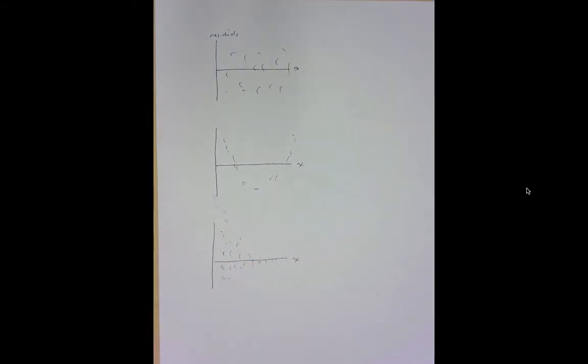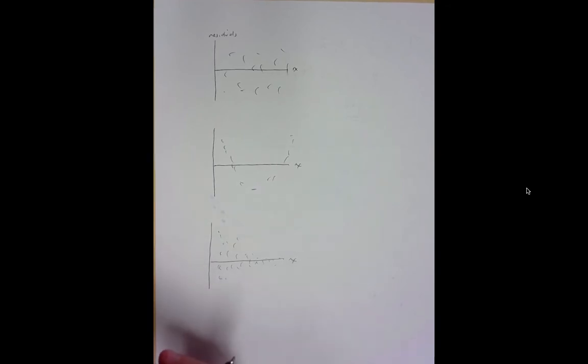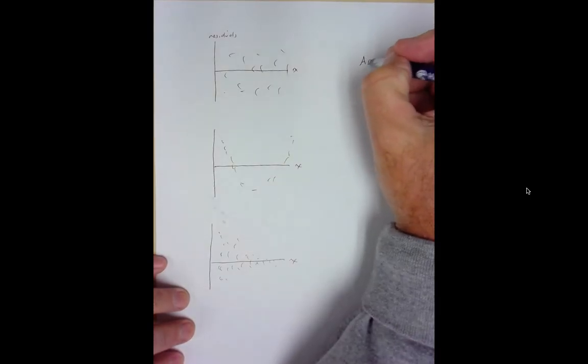Or that. Now, what does this tell us? First of all, it addresses whether a linear model is appropriate for describing the relationship between x and y. But it tells us more.